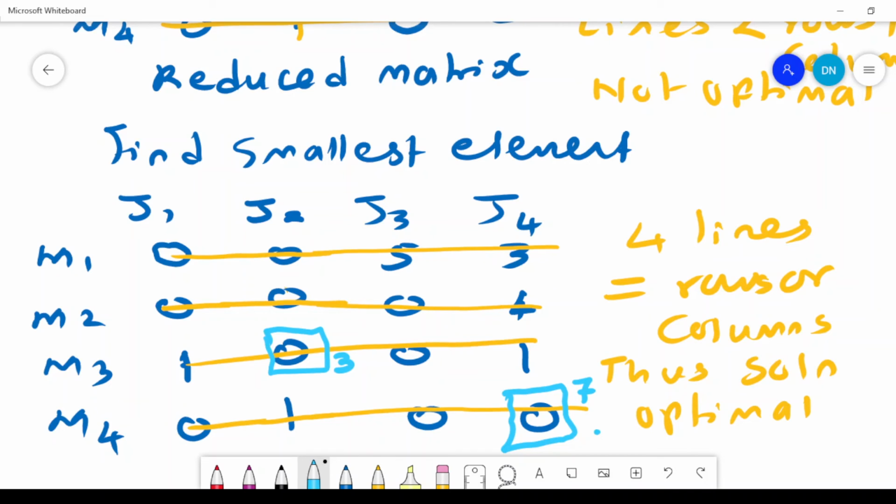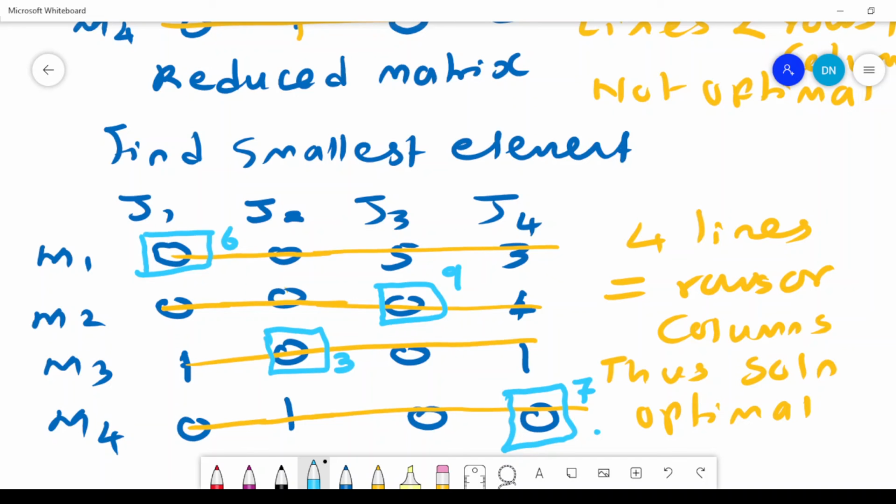So job number 2 and job number 4 have been taken up. Machine 1 can only do job number 1 because it could only do 1 and 2. And therefore, machine 2 can do job number 3. And if machine 2 does job number 3, this was 9 and this was 6.